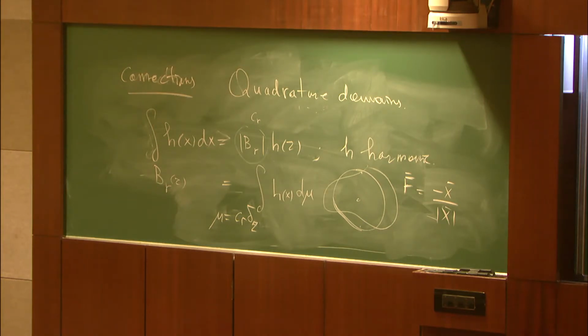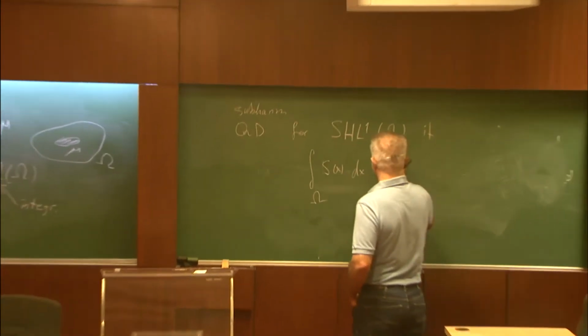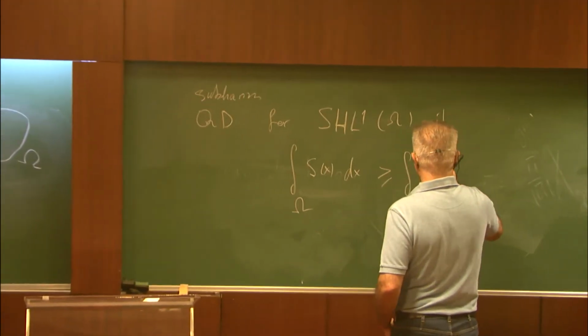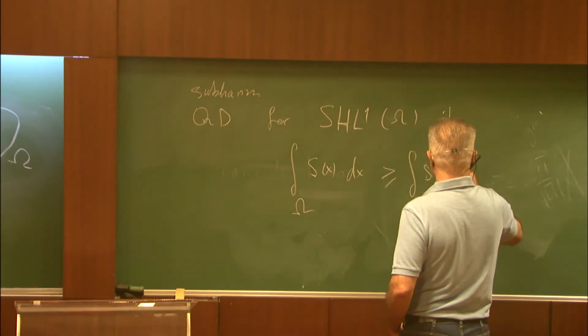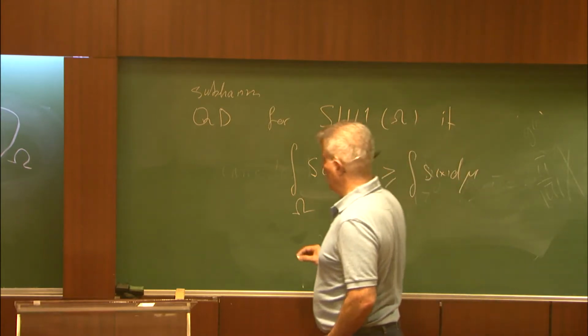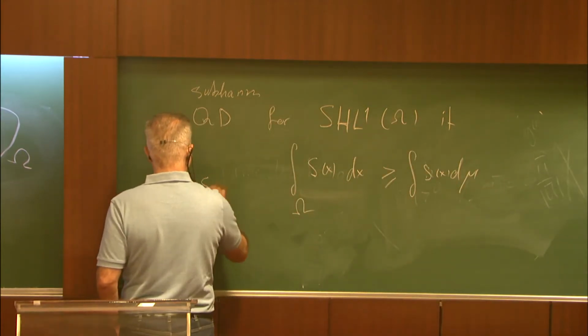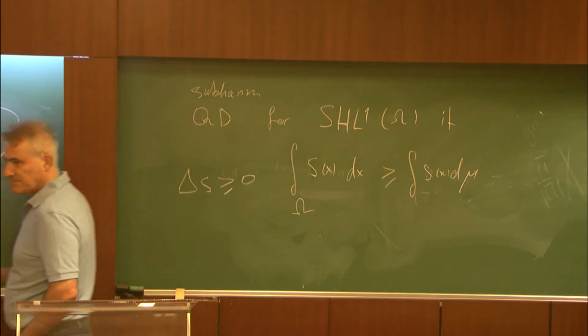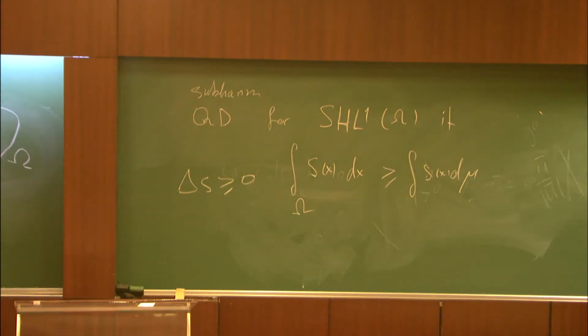If you take the integral of subharmonic functions, the integral of S over omega is larger than or equal to the integral of S with respect to the measure. S is subharmonic, Laplacian of S is larger than or equal to 0. If you have subharmonic functions, then this is going to be an inequality, and a similar version we can actually define for subharmonic ones.